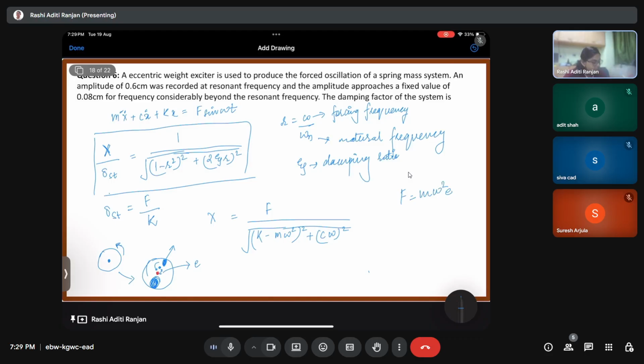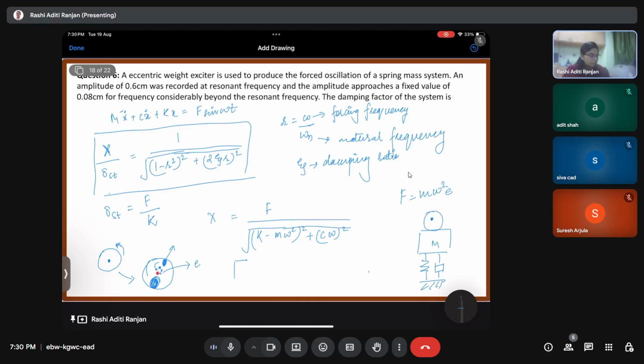Mind that this M I should change. This M is different from the mass of the spring mass system. So essentially we have a system like this: we have a mass, there's a spring, there's a dashpot, and then there is this rotor which is mounted over here.